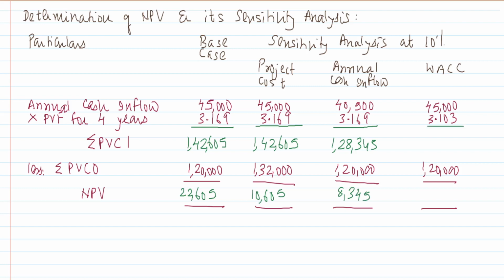And the last one, 45,000 into 3.103. I get 1,39,635. Deduct from that 1,20,000. I get 19,635. So these are the NPVs that we are getting, right?